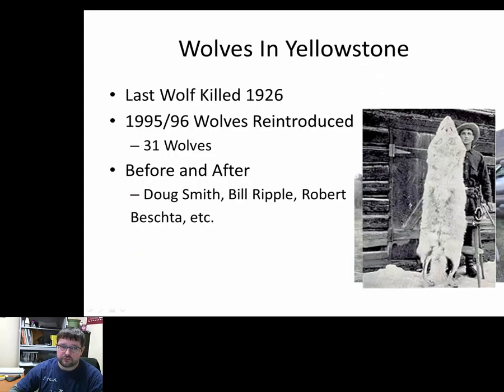Okay, so to begin with wolves in Yellowstone, there's, in some aspects, a lot of misinformation out there when it comes to wolves in Yellowstone. And we can talk about each step when it comes to that.